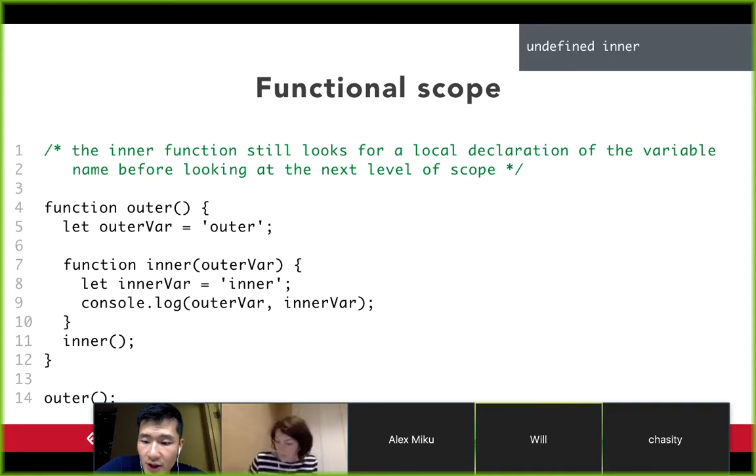Well, we run the inner function on line 11, and if you notice, we're not passing anything in. So what is the value of a variable if we create it but never give it a value? By default, the value of it is undefined. So that's why we see undefined there when we print it out. So even if there's no real value, we still use the variable that exists in our own scope first.